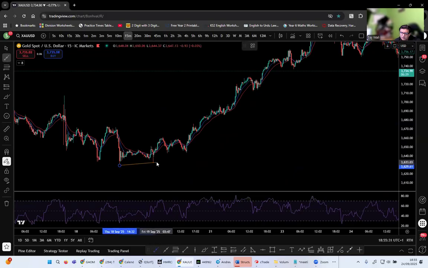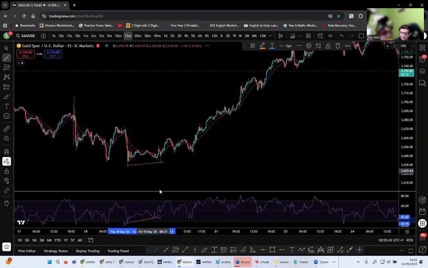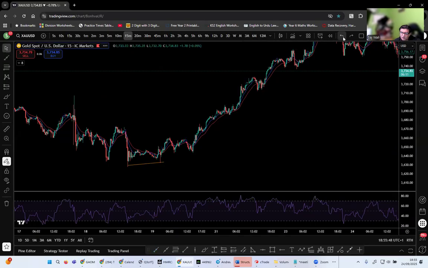This is a good example. The reason being, this was a structure level and moving averages as well, and the crossover here. And RSI above 50 as well here. And then we have liquidity sweep as well.